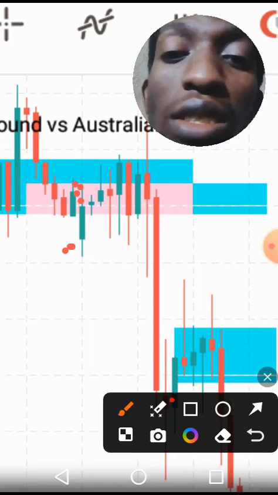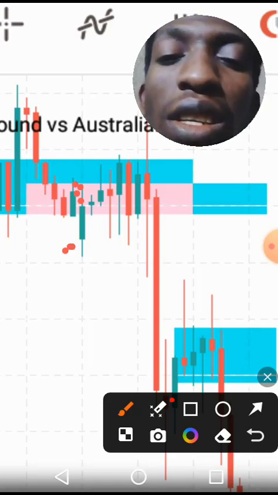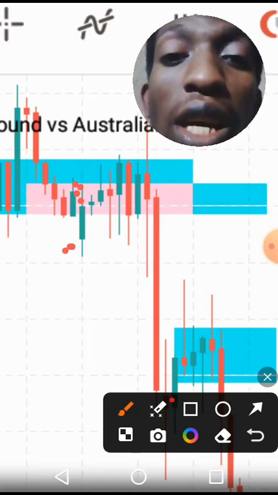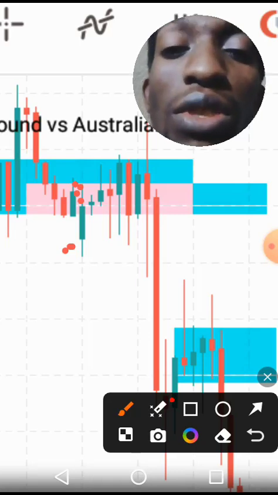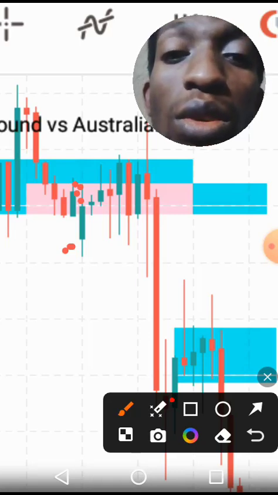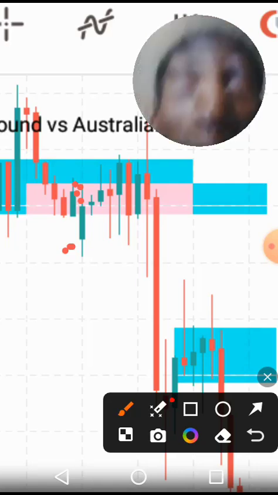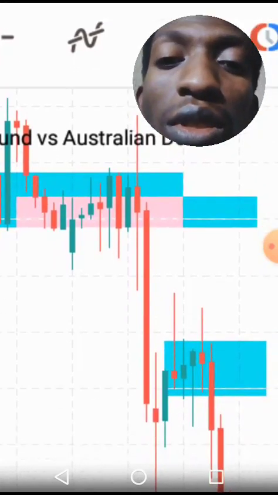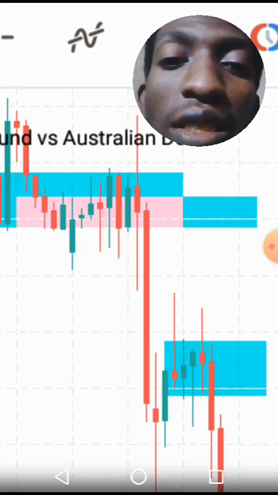Okay, Asian session, there are not many traders there. That is the hour where the algorithm shifts or sorts out its next day's direction and everything.